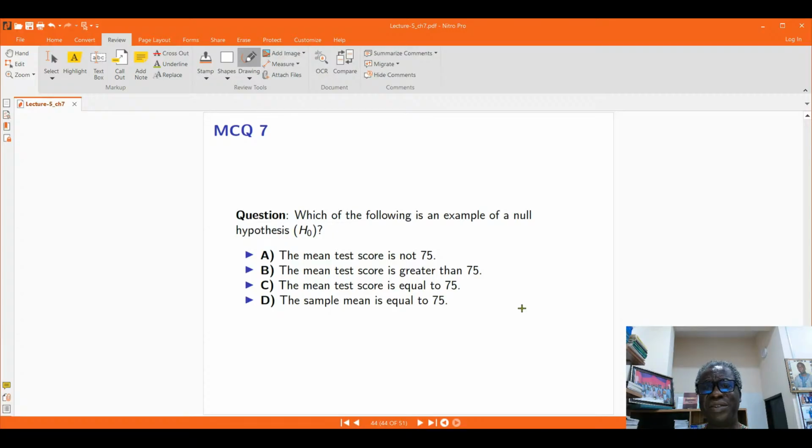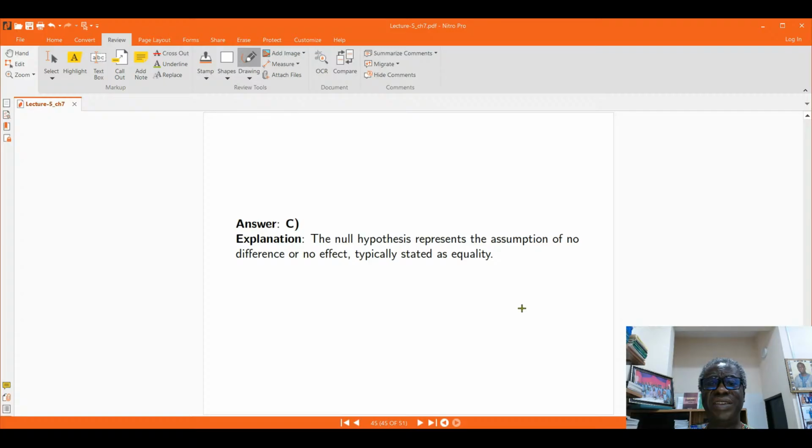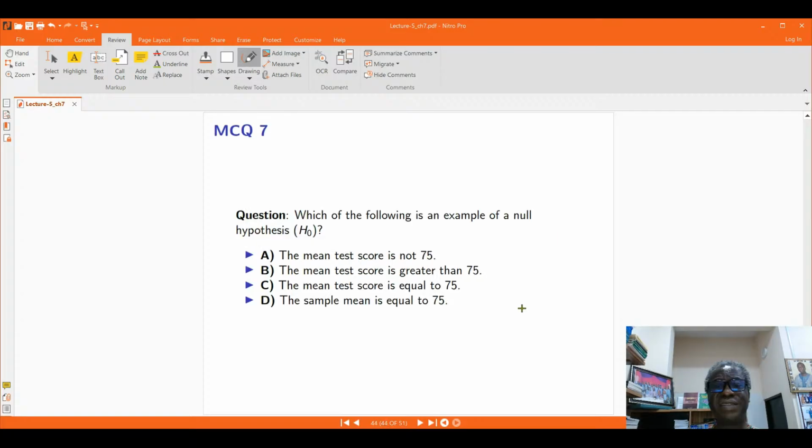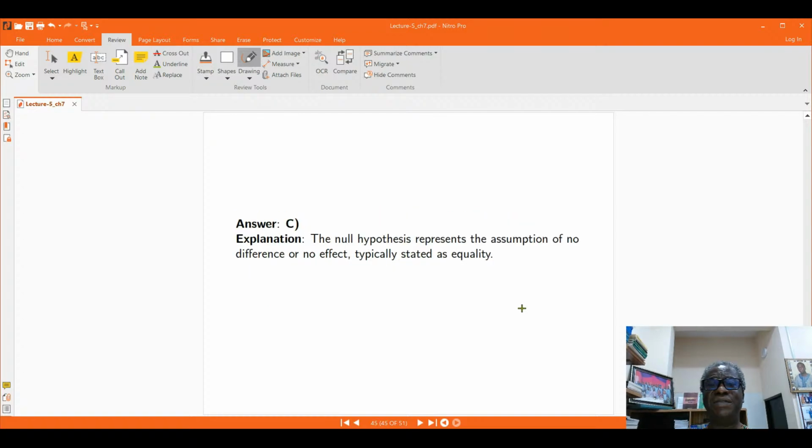The mean test score is equal to 75. The sample mean is equal to 75. So in this case, C is the correct answer. The mean test score is equal to 75. The null hypothesis represents the assumption of no difference, no effect, and is typically stated as equality.